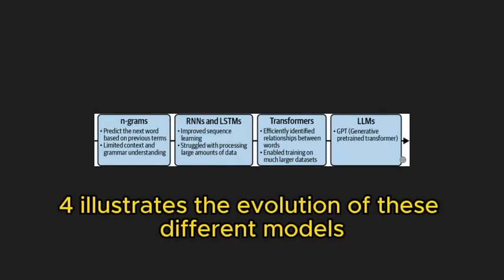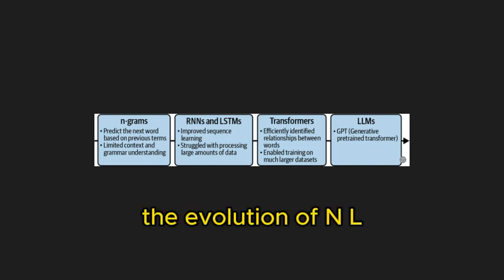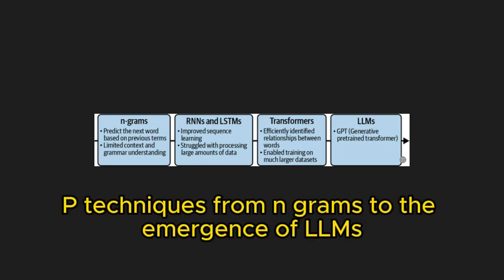Figure 1-4 illustrates the evolution of these different models. Figure 1-4. The evolution of NLP techniques from n-grams to the emergence of LLMs, demystifying the tokenization and prediction steps in GPT models. LLMs in the GPT family receive a prompt as input, and in response they generate a text.